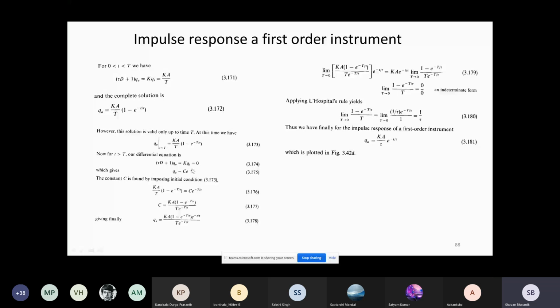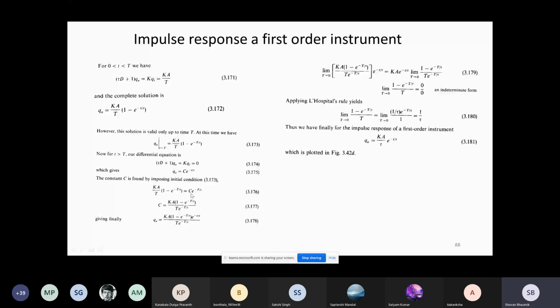You substitute this, and you get C e to the power minus T by tau equals K A by T into 1 minus e to the power minus T by tau, because the output will be continuous, and the value where it reaches will be the same as where it starts.